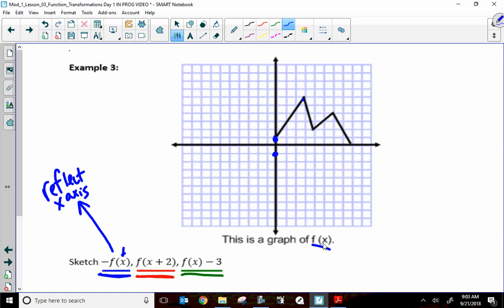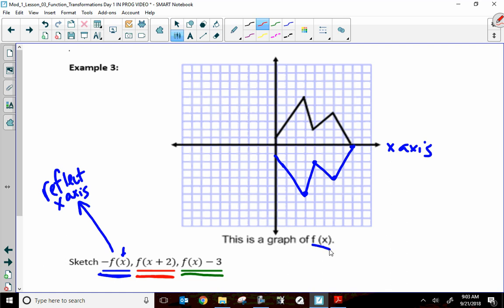Reflect this point, it's 1, 2. Reflect this point, it looks like 4 up, so 1, 2, 3, 4 down. And this point is right on the axis, so we'll keep that. That, my friends, is a reflection of our graph over the x-axis. Here's the x-axis.